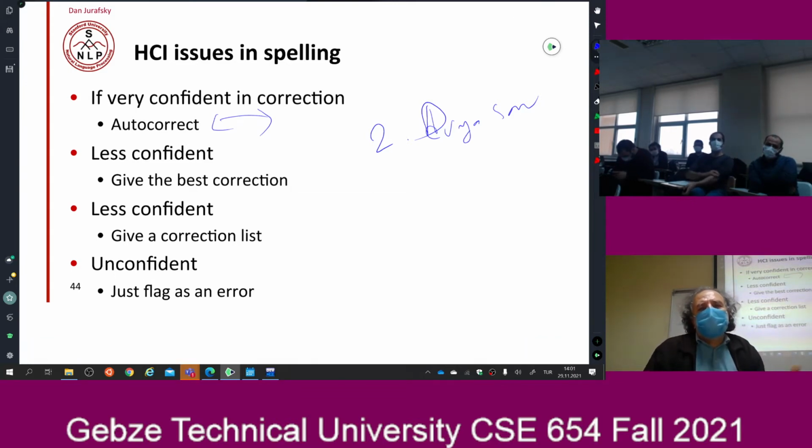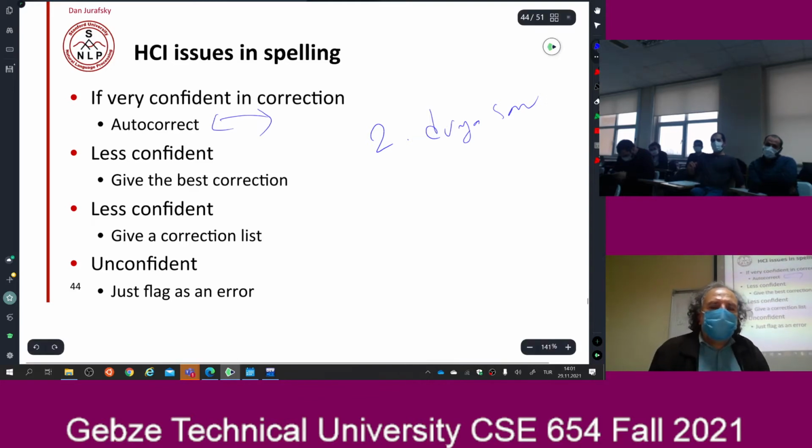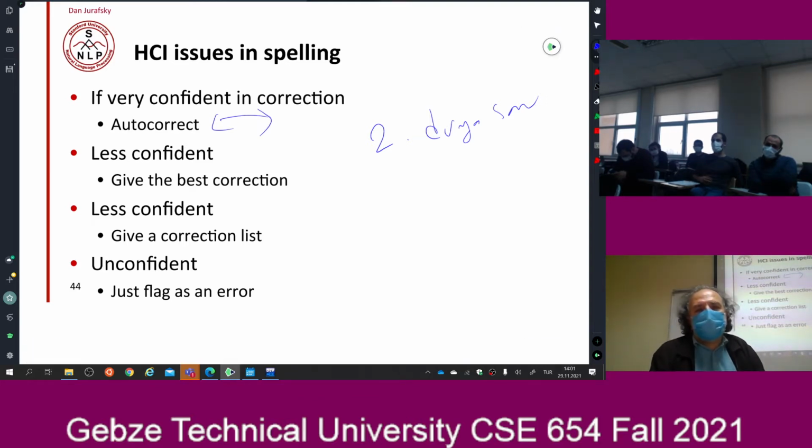I hate it. It is autocorrect, so people don't like autocorrect all the time. But if the system is very sure about it, then why not? It works very well for English, not for Turkish. So whoever did the Turkish Word didn't translate all the rules from English to Turkish.